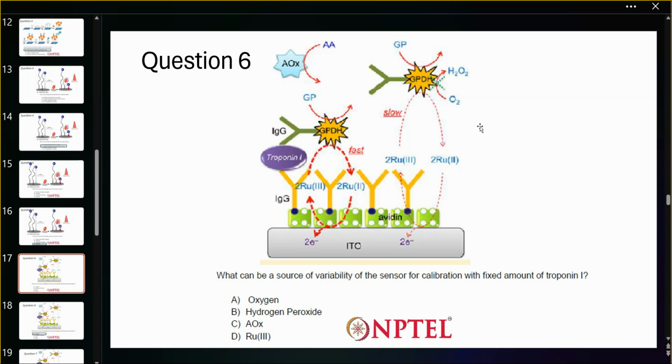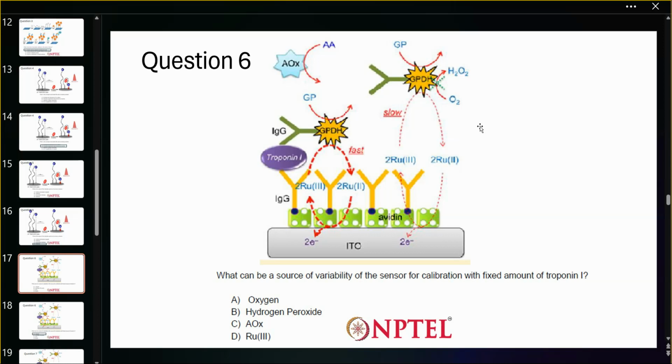So you have a substrate, avidin, primary antibody, troponin, the analyte being detected, the immunoglobulin secondary antibody labeled with GPDH, and the AOX enzyme. The redox reaction is of ruthenium. That is what is happening in this case.